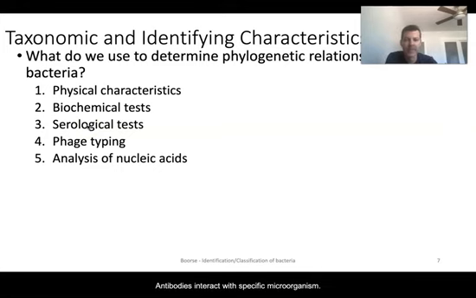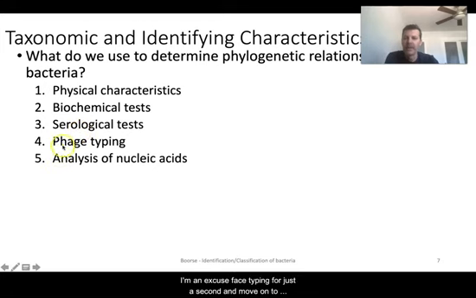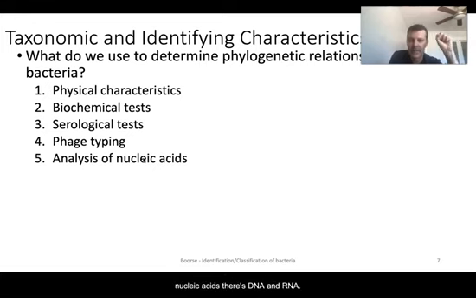And so you can ask questions about the specific microorganism by what types of antibodies are present and what antibodies interact with specific microorganisms. I'm going to skip phage typing for just a second and move on to nucleic acids because I kind of already mentioned this. Nucleic acids is a fancy word for the type of macromolecule that describes either DNA or RNA. So there are two types of nucleic acids. There's DNA and there's RNA.